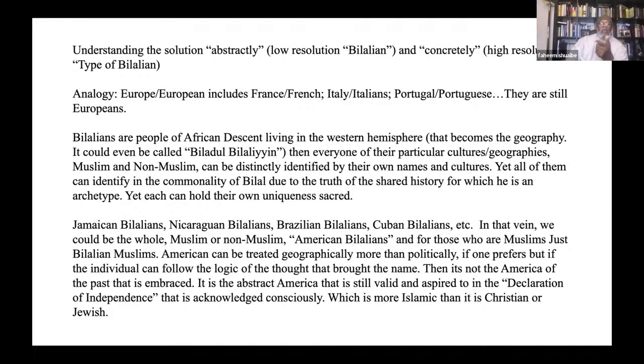Just like a European can be a Frenchman, an Italian, or a Portuguese, the same way a Bilalian can be a Jamaican Bilalian, a Nicaraguan Bilalian, a Brazilian Bilalian, a Cuban Bilalian, etc. And in that vein, on the whole, we can be both Muslim and non-Muslim, American Bilalians.